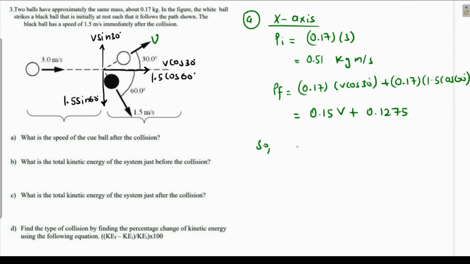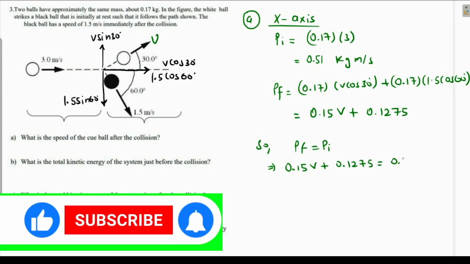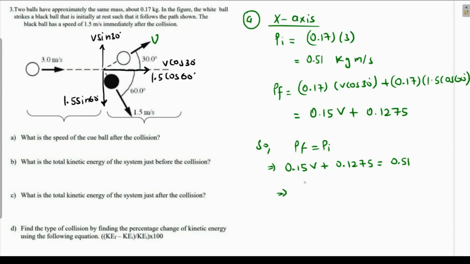So the initial and the final momentum are the same, which means P final is P initial, which means that 0.15v plus 0.1275 is equal to 0.51. So 0.51 minus this value over 0.15 is equal to 2.55 meters per second. So that is the velocity of the cue ball after the collision.